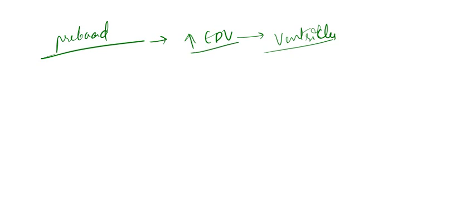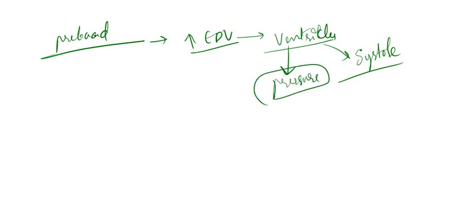So even before reaching the contracted or systolic state, the ventricles are under increased pressure. This increase in pressure due to the increased end diastolic volume is called preload.